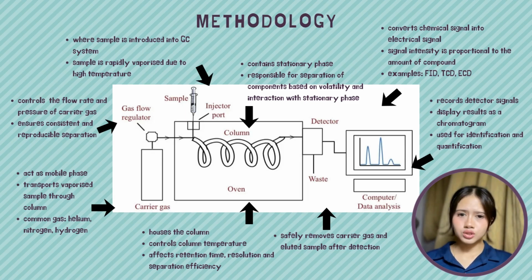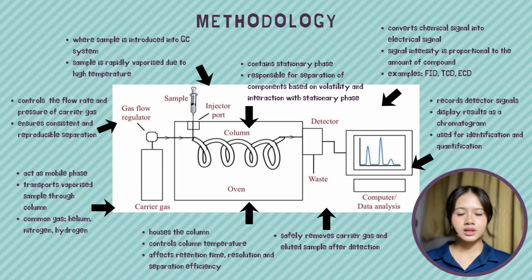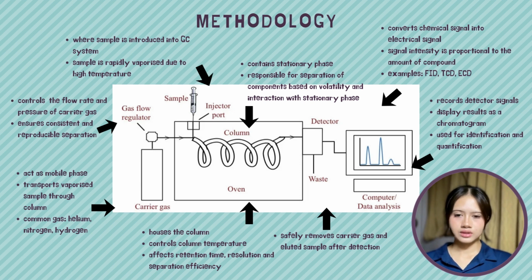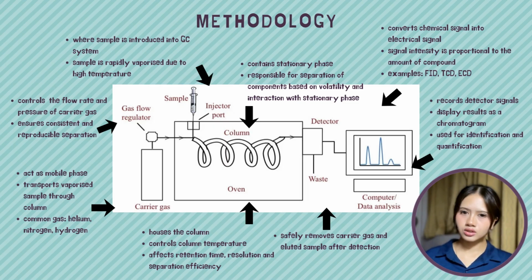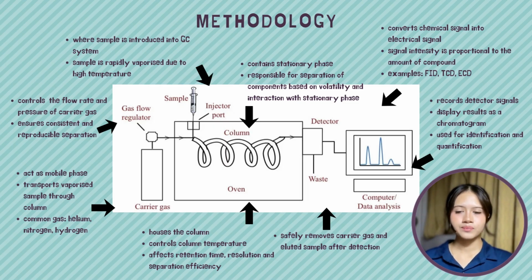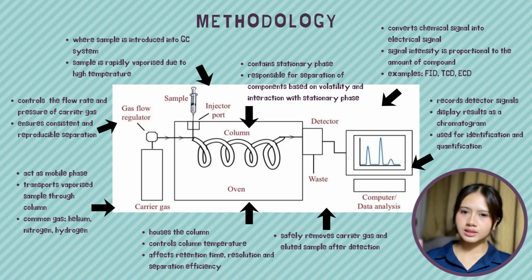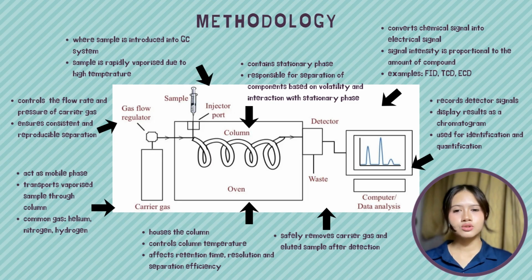The actual separation happens here, in the column, which is housed inside a temperature-controlled oven. The oven is crucial because its temperature affects retention time, resolution, and overall separation efficiency. The column contains the stationary phase, which is responsible for separating components based on their individual volatility and how they interact with that stationary phase. Once the separated components exit the column, they pass through a detector. Common examples include FID, TCD, or ECD.